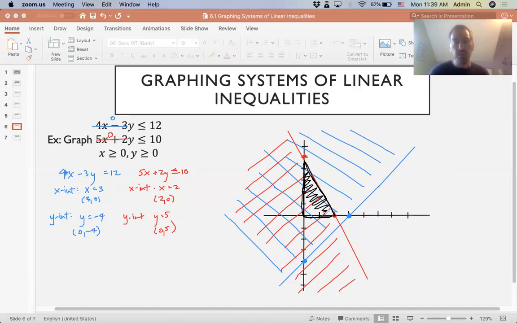So we would get a feasible profit by using any of these points inside this triangular region. But there's typically only one point that would maximize the profit, though there could be more than one, and we'll see how that works in our next video with the method of corners.